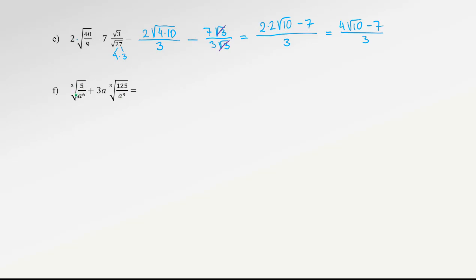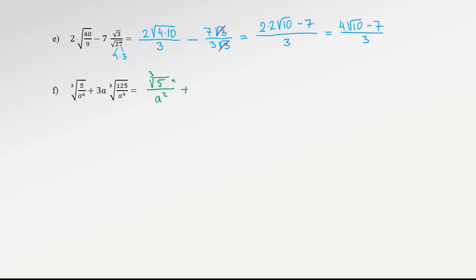And again, split the cubic root into numerator and denominator, so we end up with cubic root of 5 over cubic root of a to the 6. Here we can simplify a bit because it's like division on exponential level. So it's 6 divided by 3 is 2. A squared goes out of the root, right?